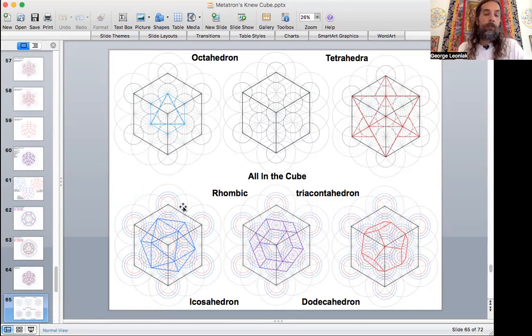And we can use the same flower of life template that we've always used to do that. And if we don't add phi ratio circles, this is what we will be with here, okay? We will get the octahedron, the cube, and the tetrahedron, the star tetrahedron. And of course, all the other things I showed you previously, and many, many other things.